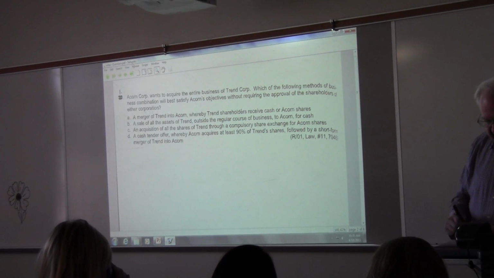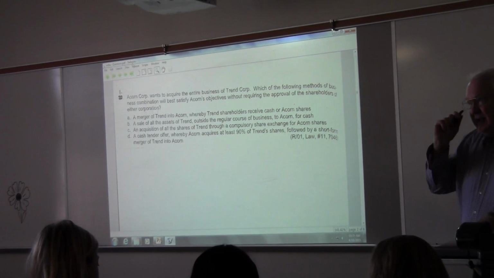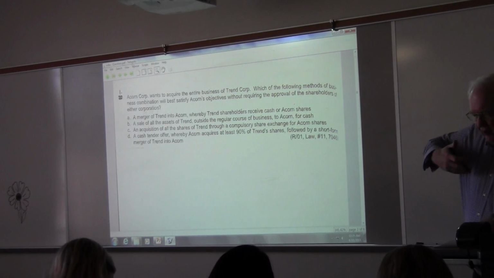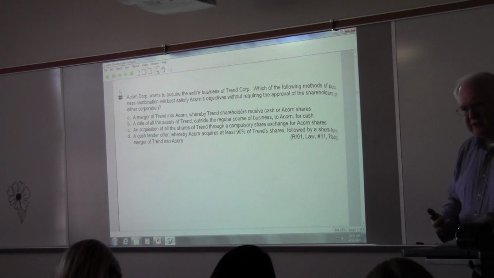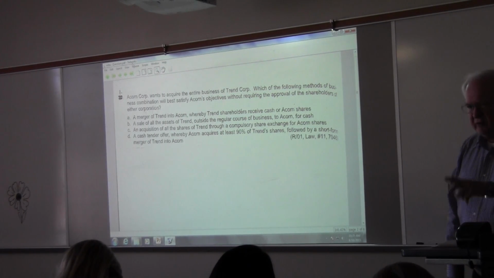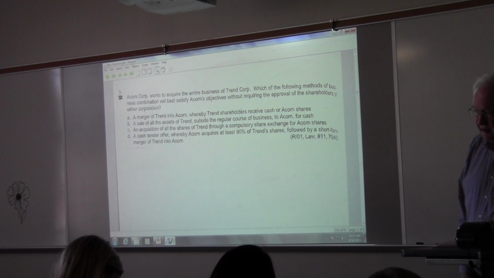Taylor, the sale of all the assets outside the regular course of business. It seems to me that if I sell all the assets outside the regular course of business, that's an extraordinary event that probably needs shareholder approval, so that's not the answer. Katie, an acquisition of all the shares of Trent through a compulsory share exchange, does that require shareholder approval?